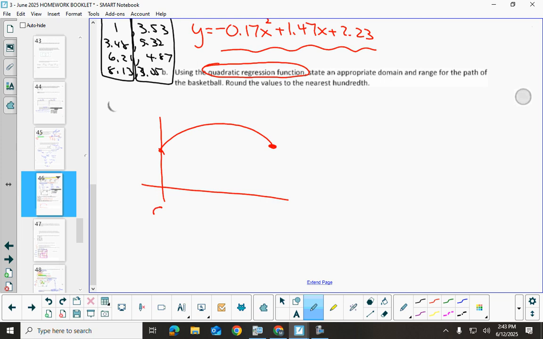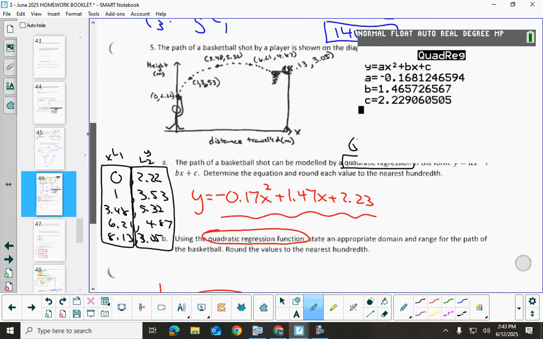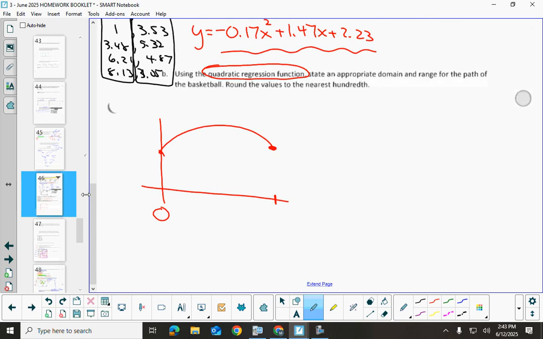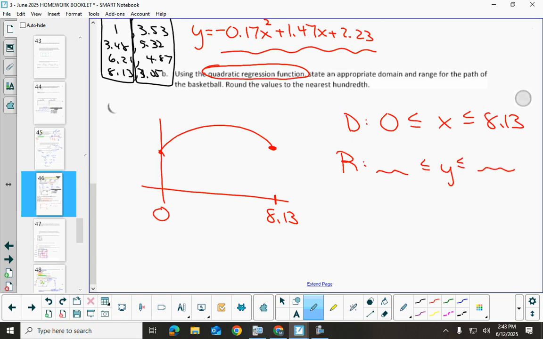The domain is left, right, and the right is at 8.13. The range is bottom, top.